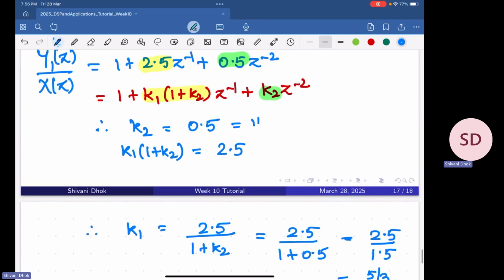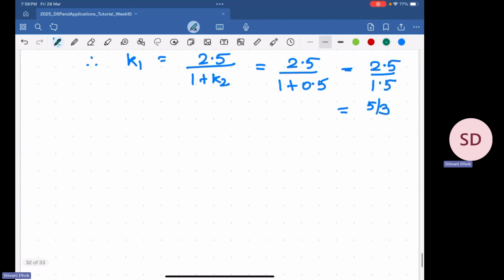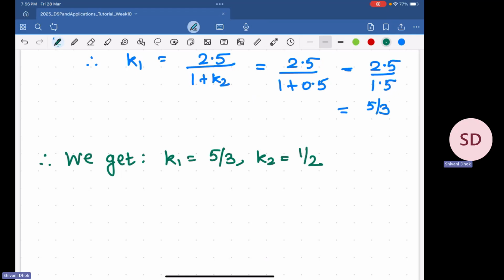And this k2 I can also write as 1 over 2. So therefore we get k1 as 5 by 3 and k2 as 1 by 2. Any questions? Any questions in this part?